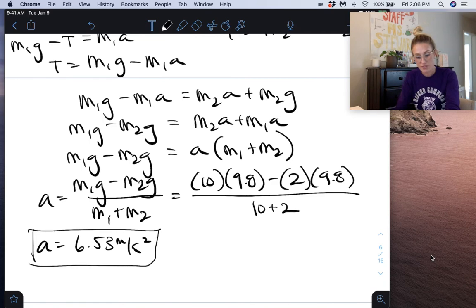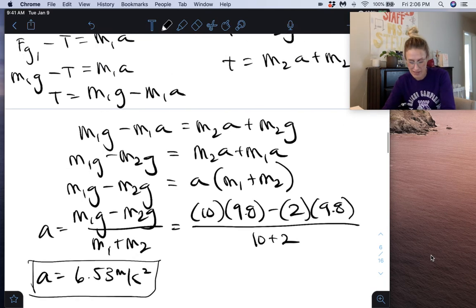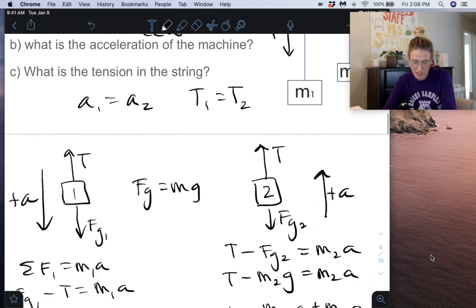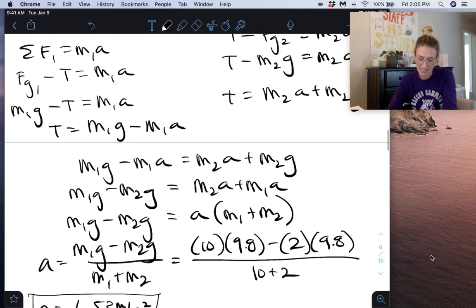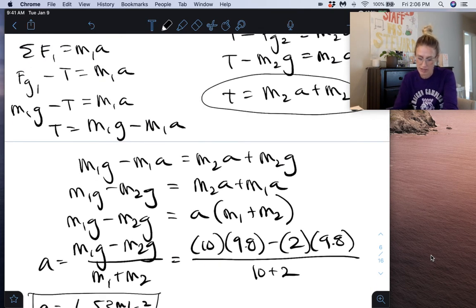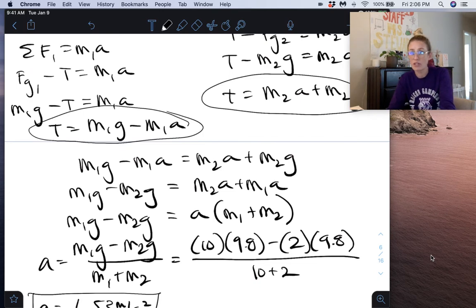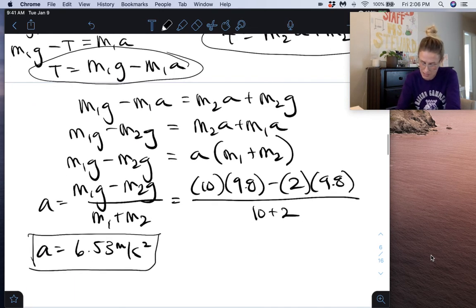Okay, so that's for letter B, and then letter C, it says, what's the tension in the string? Now I have two equations that have tension in them, this one right here and this one right here. Doesn't matter which one you use as long as you plug in the right numbers. So let's try the first one. We get tension is equal to mass 1g minus mass 1a.